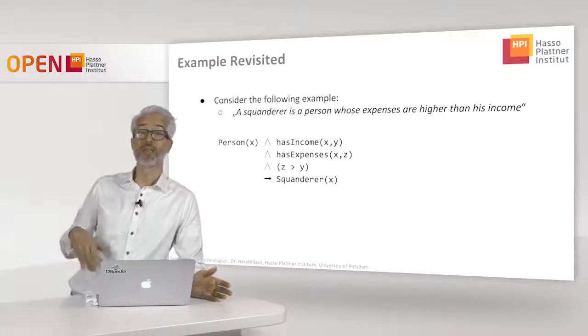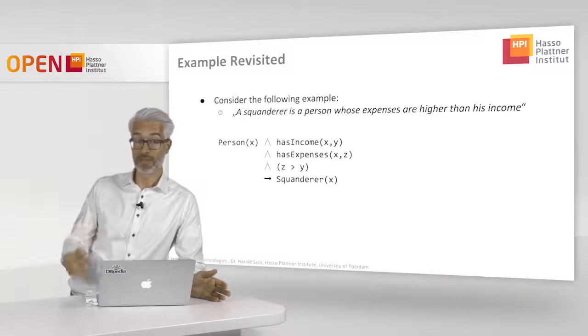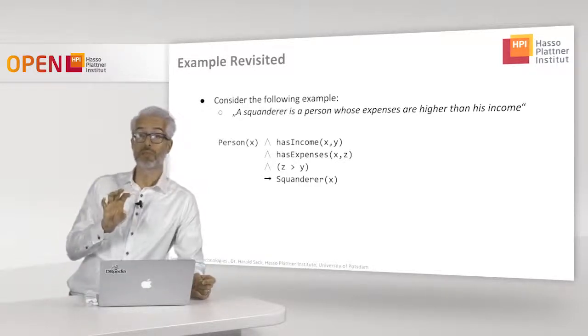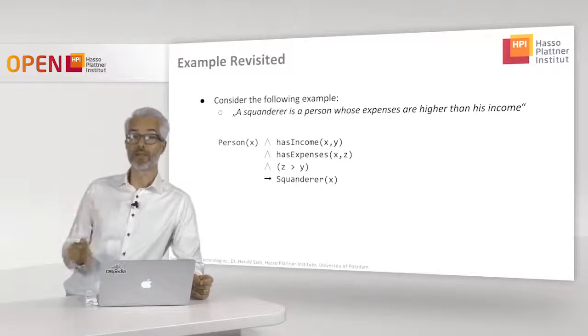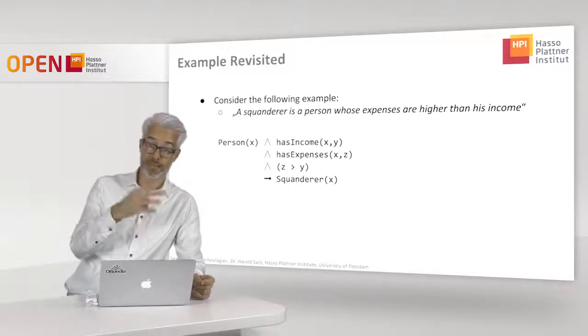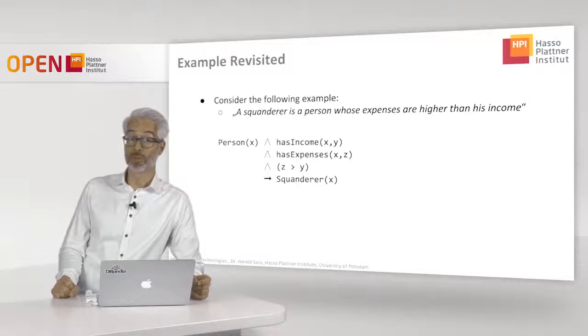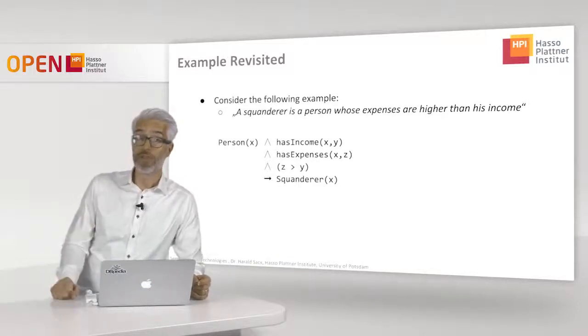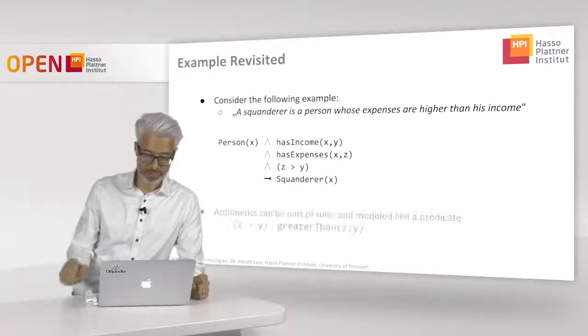So we define new classes, here the class squanderer, with the help of a rule. And in the rule, we are able to combine class expressions and, at the same time, property expressions. And this, of course, is much more powerful than, for example, what we can do with description logics.